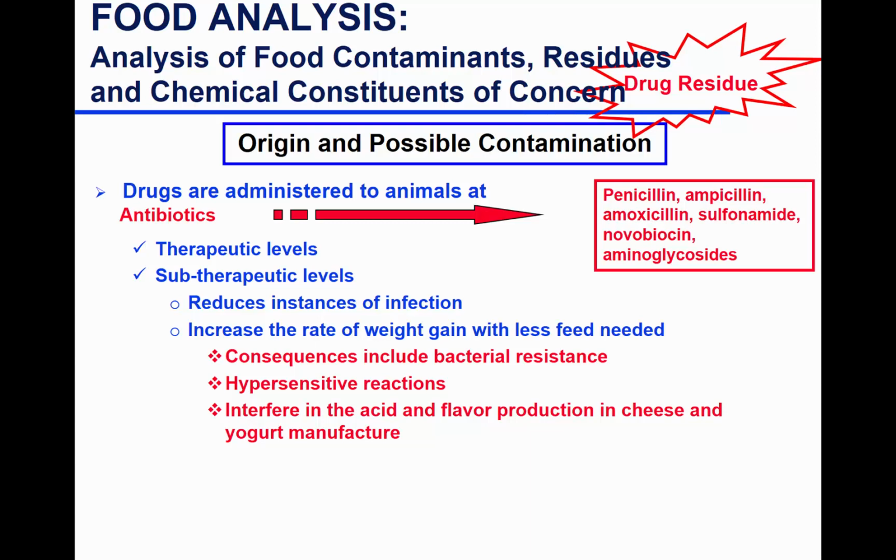Some people are allergic to antibiotics. It also interferes with the production of cheese and yogurt, because if you have antibiotics, the bacterial culture will not grow. And also the bacteria will develop resistance to these antibiotics.